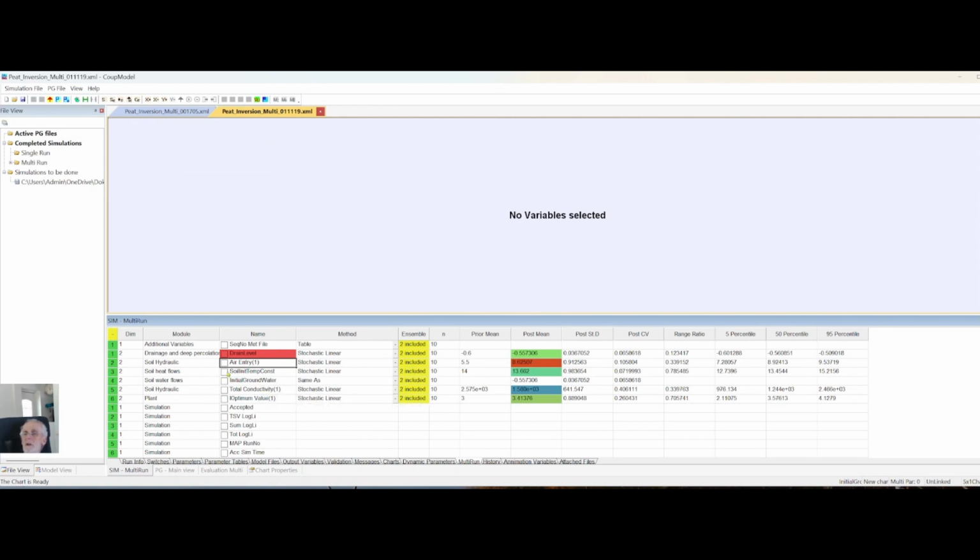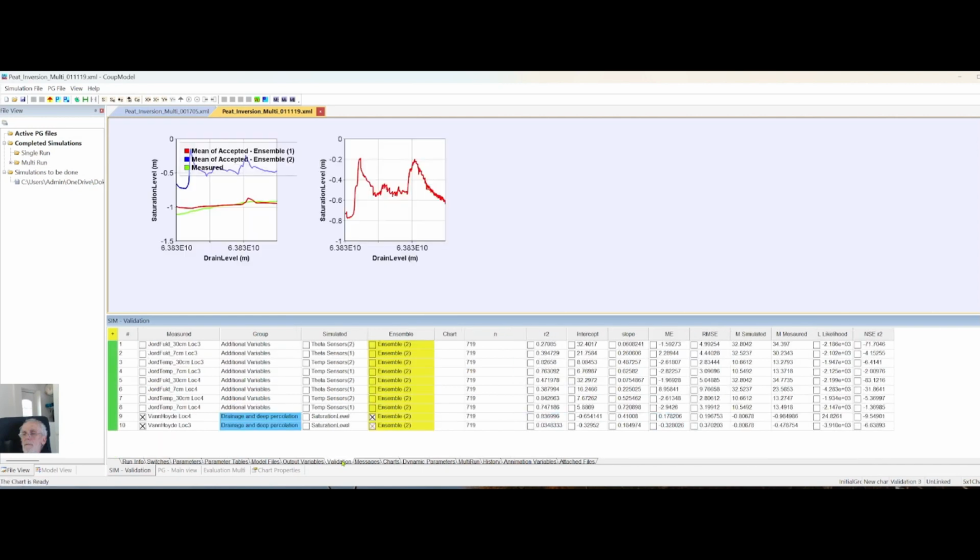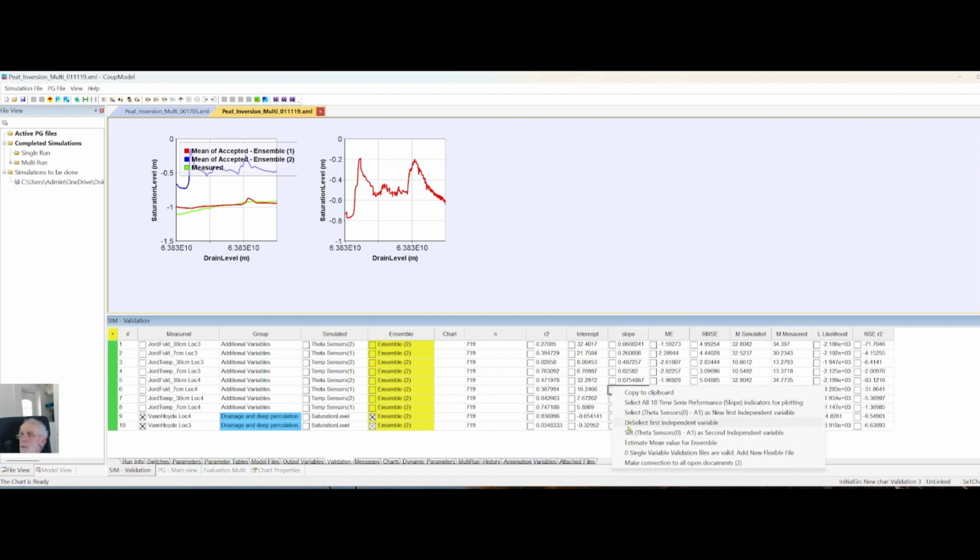So now I have the drain level as the x-axis, and I would like to jump over to look at, for instance, the performance. And then you could see now the drain level will be on the x-axis and some others will come on the y-axis. So this was the previous, so I will clean this again.